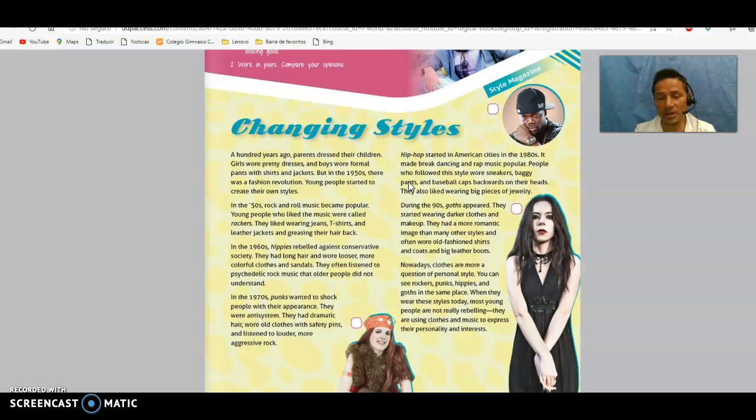Remember, to understand reading comprehension, what you need to do basically is to have vocabulary. So if you don't have vocabulary, it's going to be difficult for you to understand what you are reading. So that's why it's necessary to write the words that you don't understand. So you give me a circle.